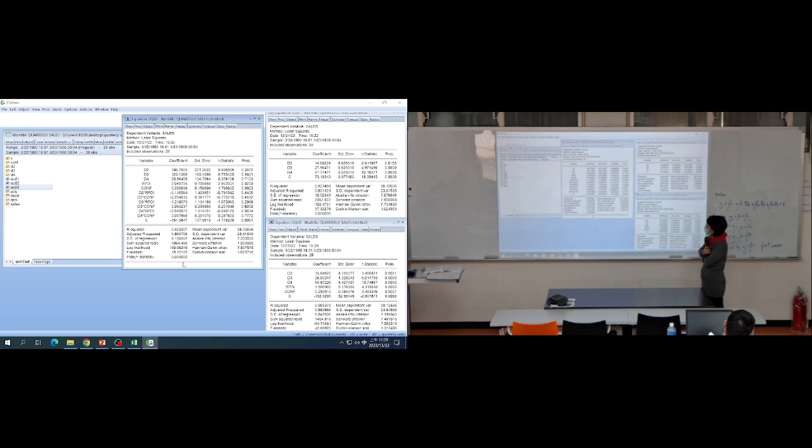For instance, D2 times RPDI is the impact of D2, the second quarter sales, on the total sales when RPDI is true. And same for CONF. The impact of D2 when CONF is true. And we got that for all the four other slope dummy variables.